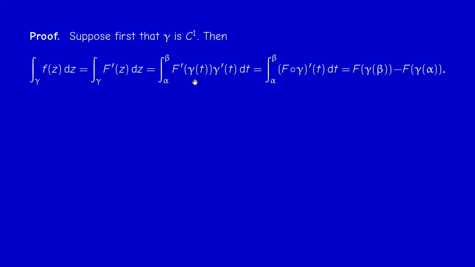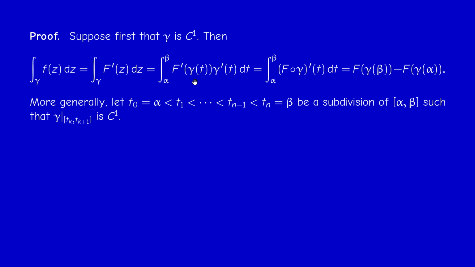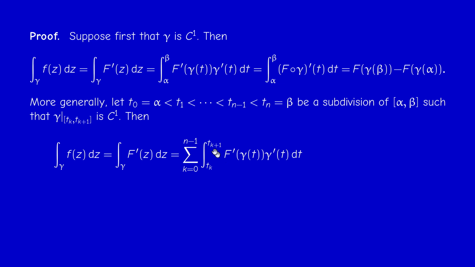Now, more generally, if gamma is piecewise smooth, then we do the decomposition. So we write the integral as the sum of integrals over small parts of the segment alpha beta. Now I apply the same thing here, but to the interval t_k to t_{k+1} rather than alpha beta.